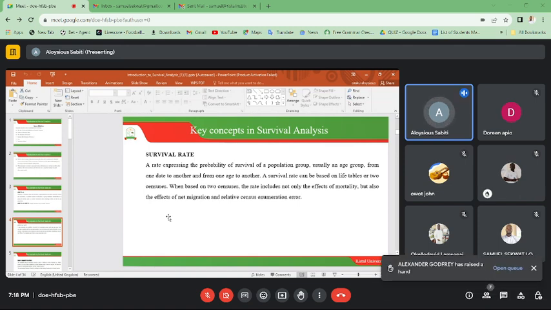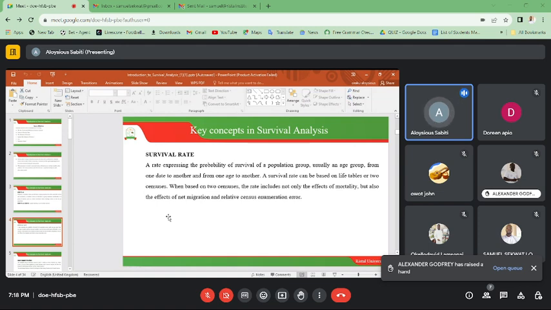To calculate the survival rate, we are looking at a rate that expresses the probability, the chance, that someone survives, meaning it has a denominator and a numerator, and is expressed as a rate per 1,000 or per 100.